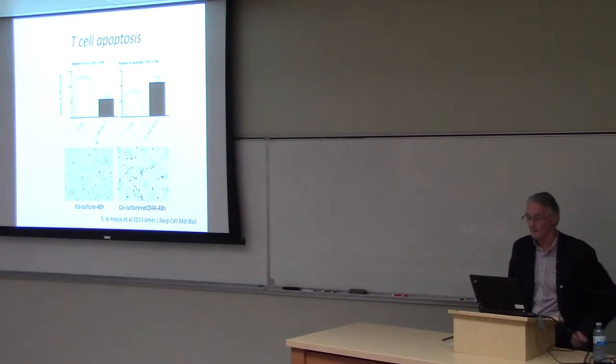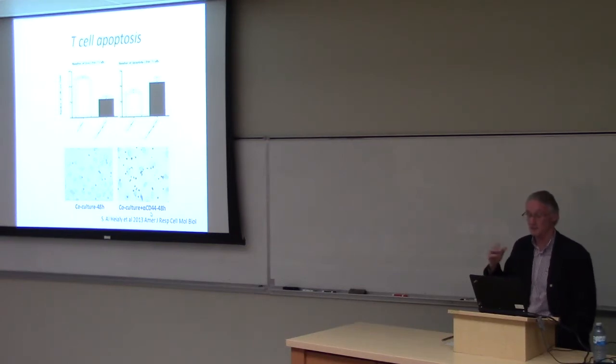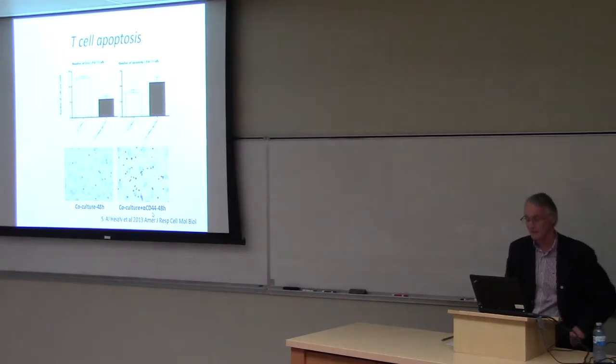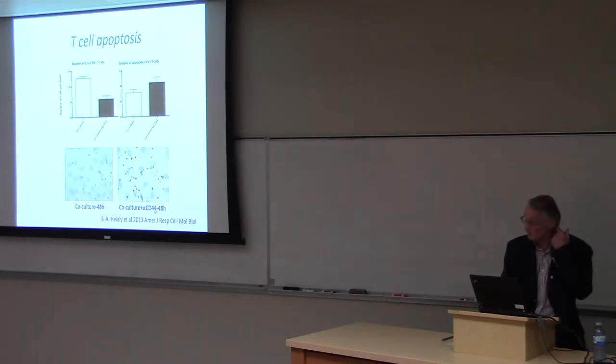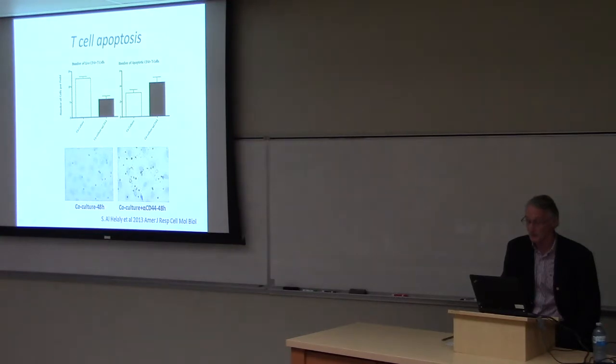Now, I mentioned earlier that CD44 was an important way in which the T cell and the muscle stuck together. We found when we added antibody to CD44, as I mentioned, it allowed us to detach the T cell from the muscle very well. In addition to that, however, when we stained for apoptotic cells, so cells that were dying by apoptosis, these very black staining cells here are actually apoptotic T cells.